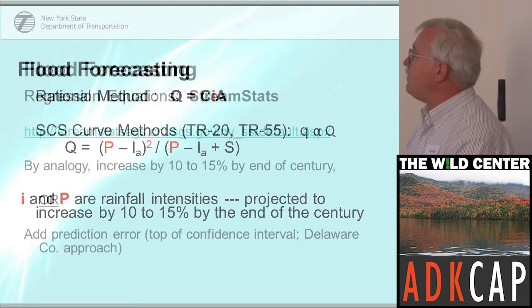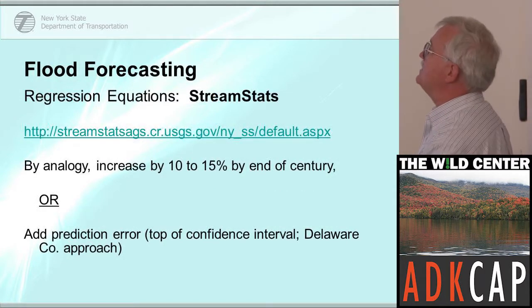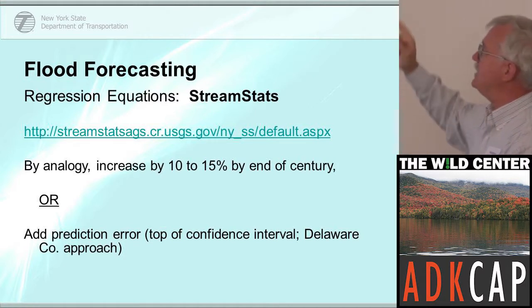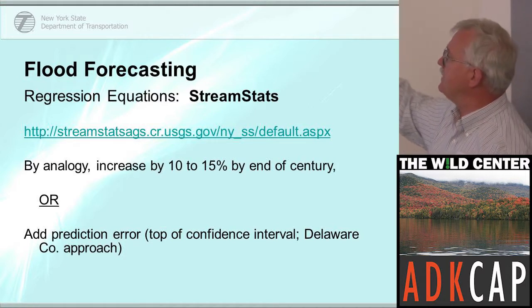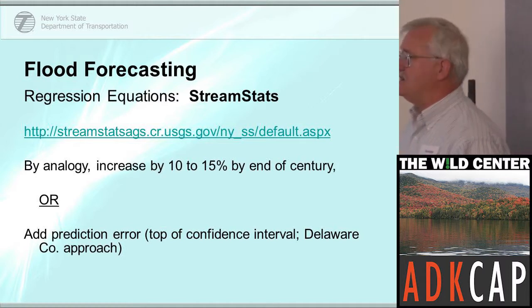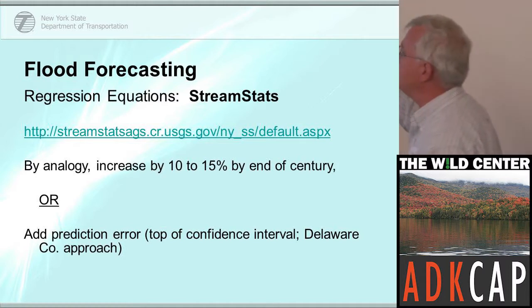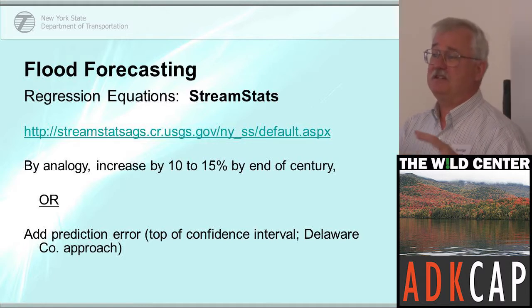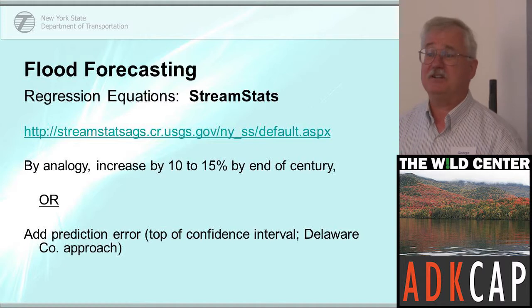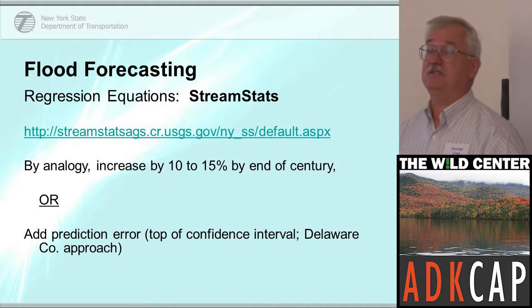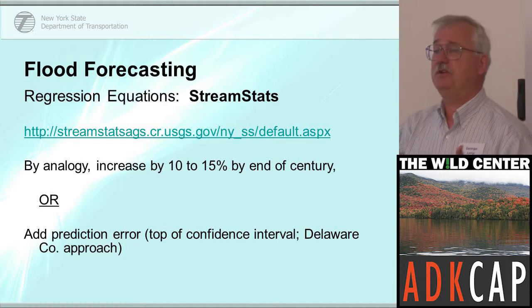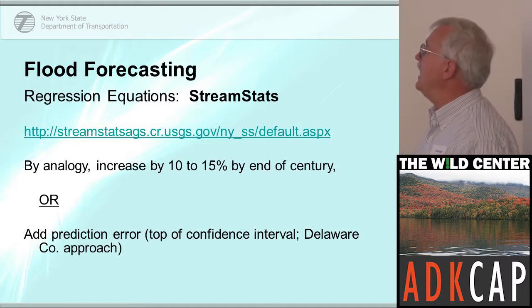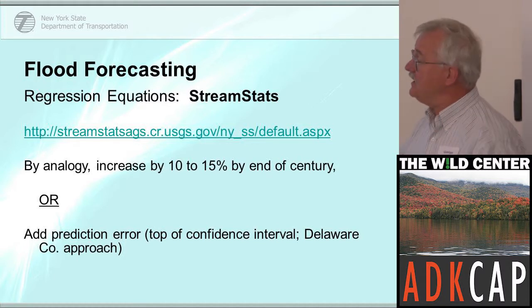For slightly larger watersheds, I don't know how many people use the USGS Stream Stats program. The URL is here for it. That will tell you the drainage basin size, and if you tell it to compute all the different factors, it will do wonderful things, and it's very quick, and it will give you your discharges for different return intervals, and it will do even neater things, which I'll talk about in a minute.